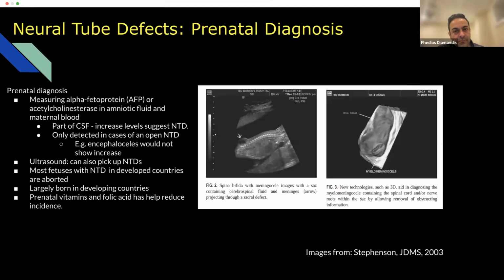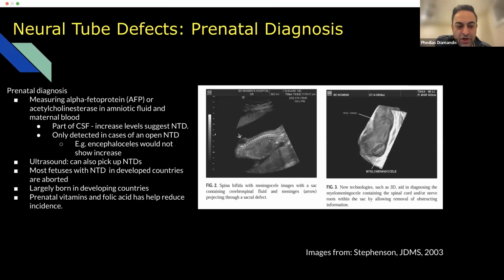I think the key clinical message is prenatal diagnosis. You can measure alpha fetoprotein, acetylcholinesterase in the amniotic fluid, and alpha fetoprotein in the maternal blood. This is spilling of a substance that's made in the brain in the maternal blood due to open communication, and that implies that there's an open neural tube defect.